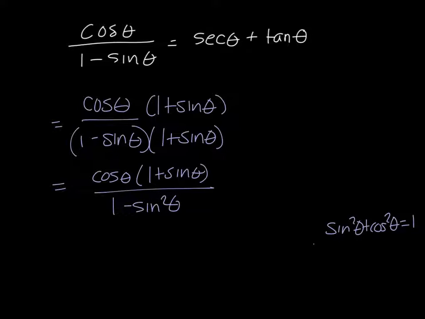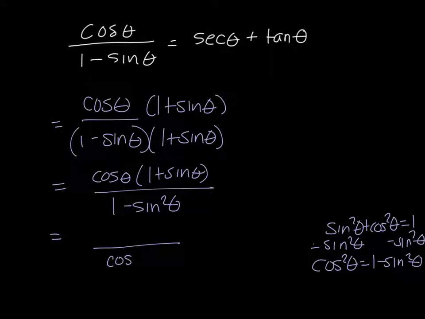If I subtract sine squared from both sides, we get cosine squared equals 1 minus sine squared. So on the bottom, I can replace that 1 minus sine squared with cosine squared. And then on top, I still have cosine times 1 plus sine. Now I'm glad I didn't multiply those through yet, because I have a cosine on top and a cosine squared on bottom. One of those will cancel out.